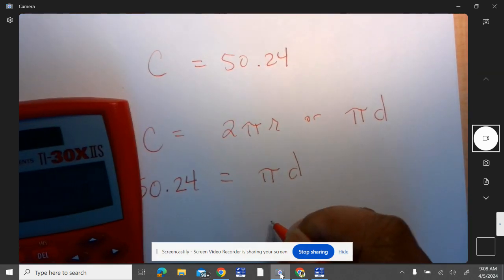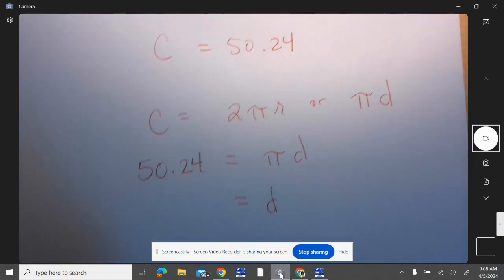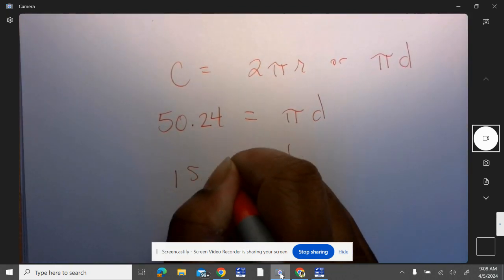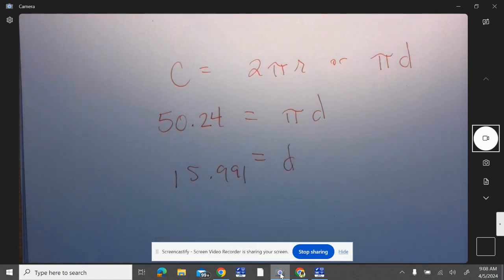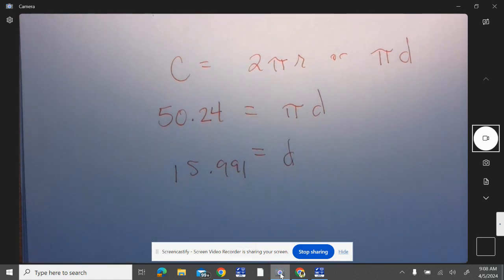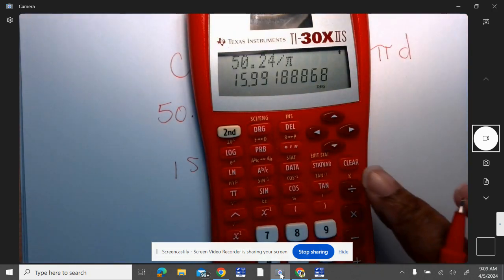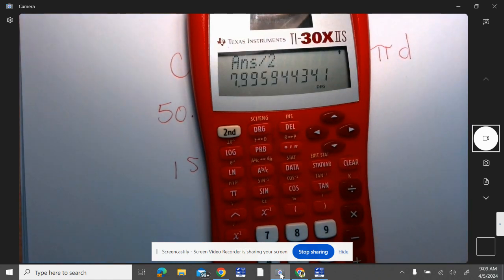So D is equal to 15.991. So how do I get r? Didn't we say D is twice as r? So I have D. I need to divide by 2 to get r, right? So I'm going to divide by 2 to get r, which is 7.995.